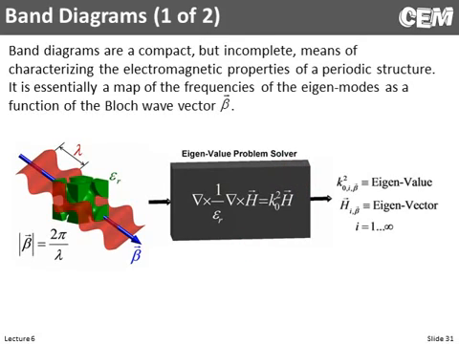What this means is we think of an eigenvalue problem as a test. If I have a guess as to what the magnetic field looks like, I can take the curl of it, divide by the dielectric constant everywhere, and take the curl of that again, and get my magnetic field back again, scaled by a constant. Then that means however I came up with that guess is a valid solution for the magnetic field.